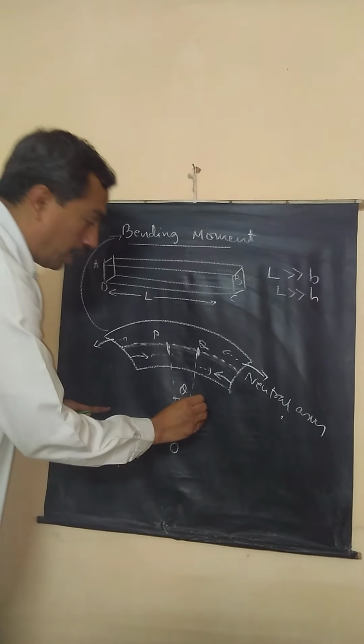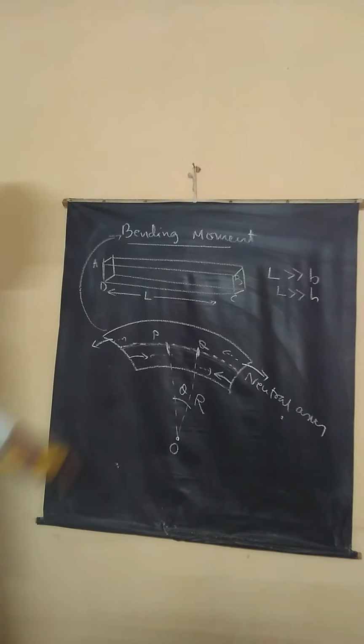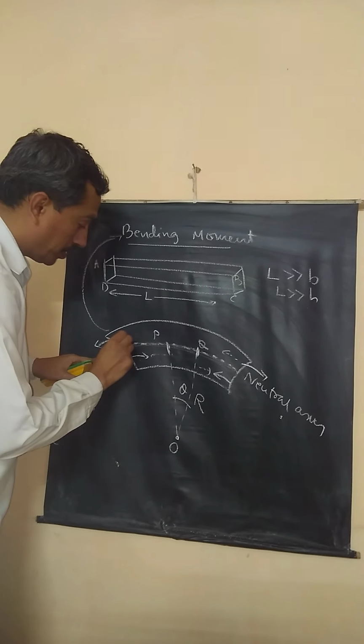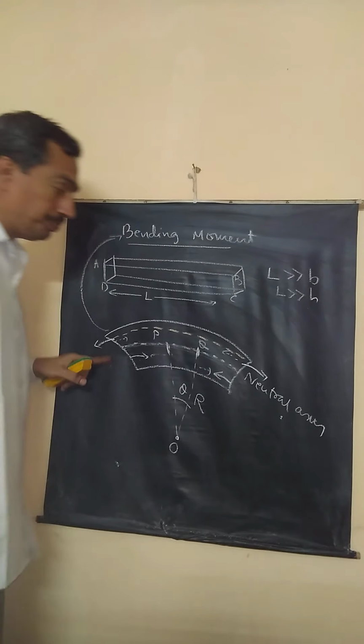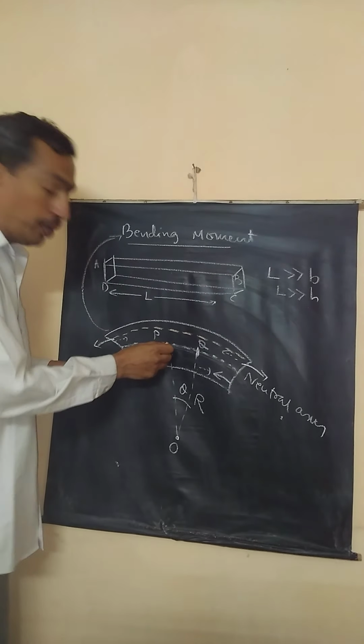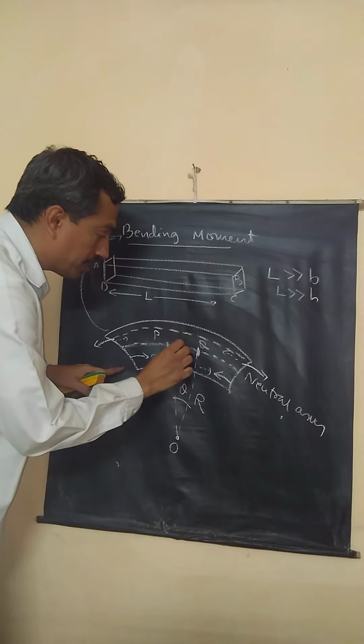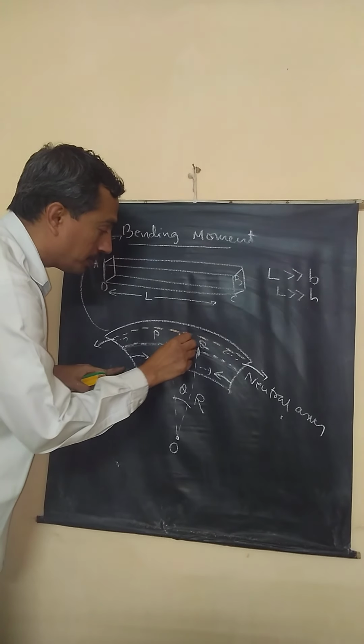Let R be the radius of curvature. Now what I will do, I will take another layer above the neutral axis at a distance z from this.